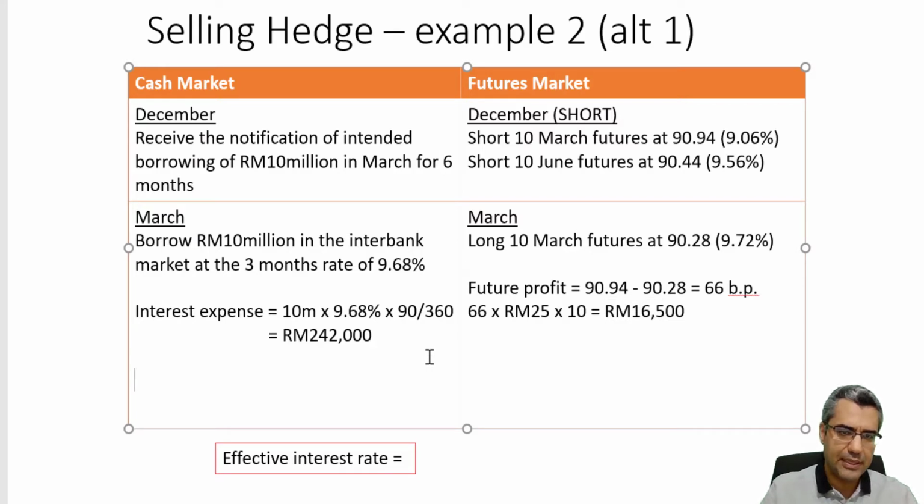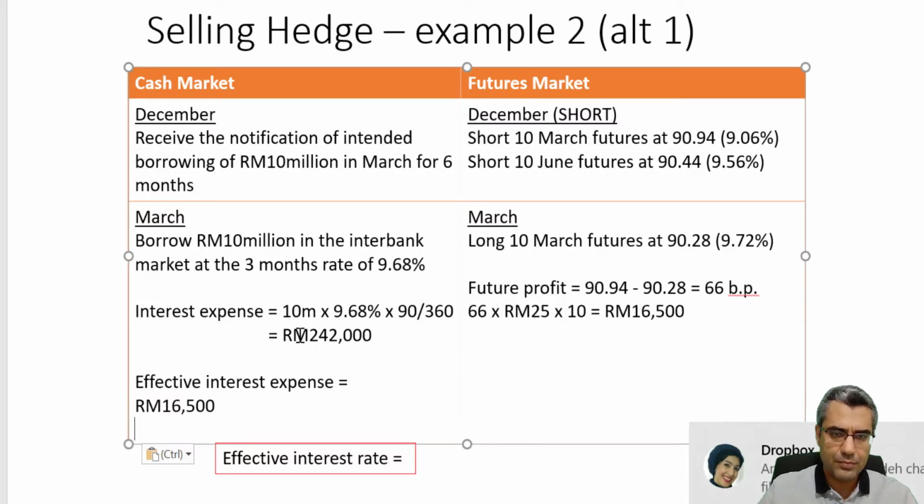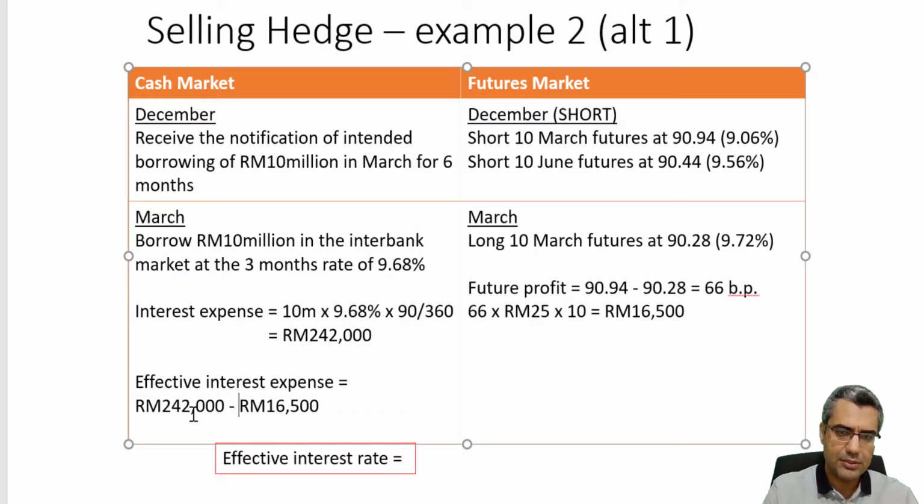So I apply this here, and the net or effective interest expense is 242,000 minus 16,500, which means 225,500.